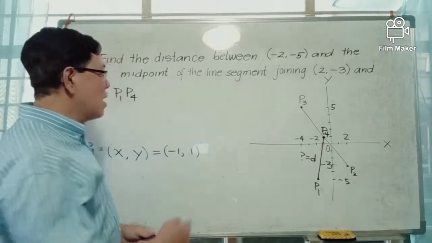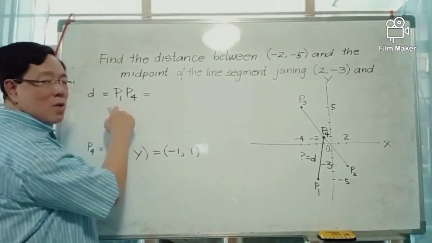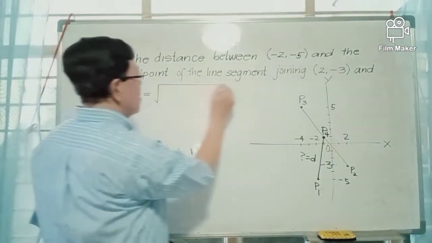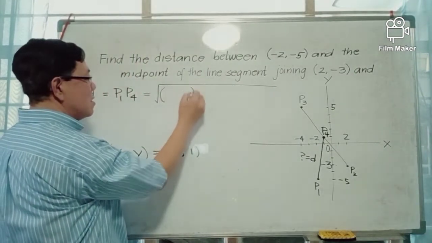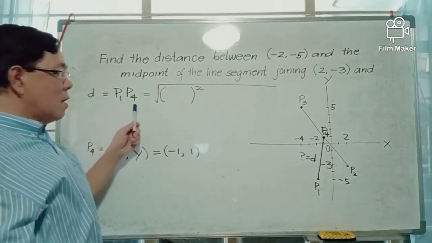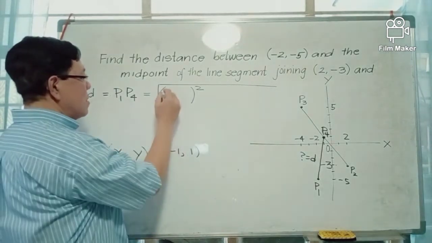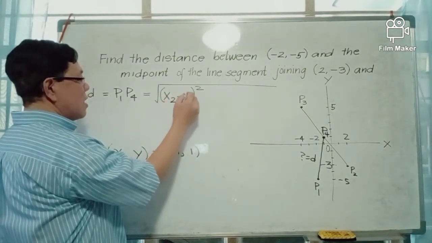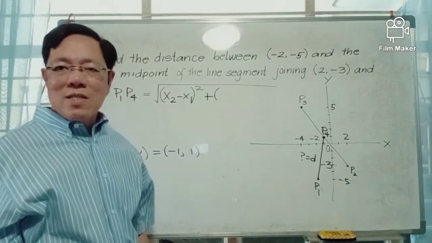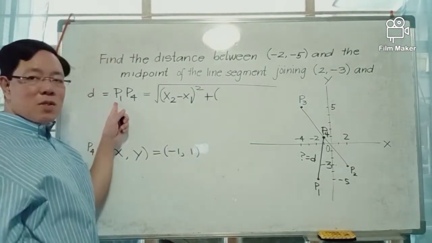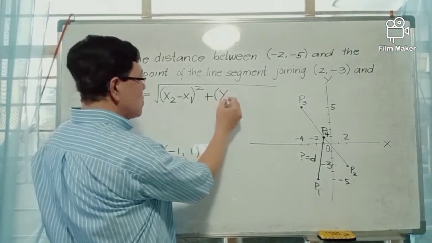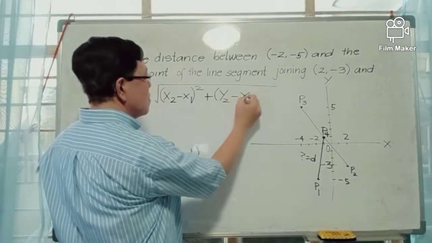By the distance formula, the distance between these 2 points is given by the principal root of the square of the difference of the abscissas of these 2 points, denoted by x2 minus x1, plus the square of the difference of the ordinates of these 2 points P1 and P4, denoted by y2 minus y1.